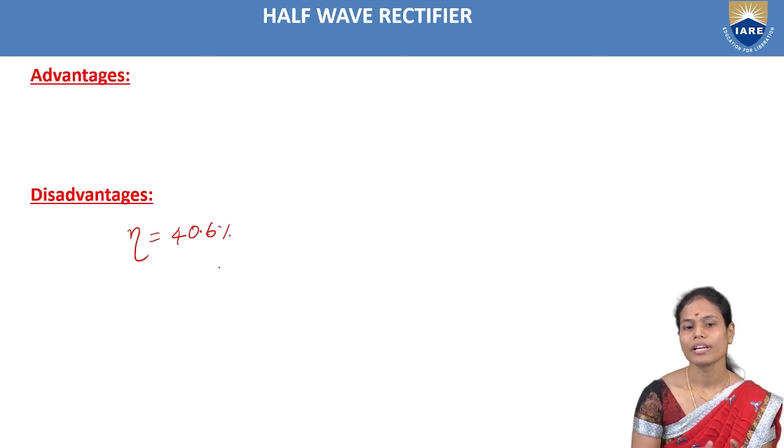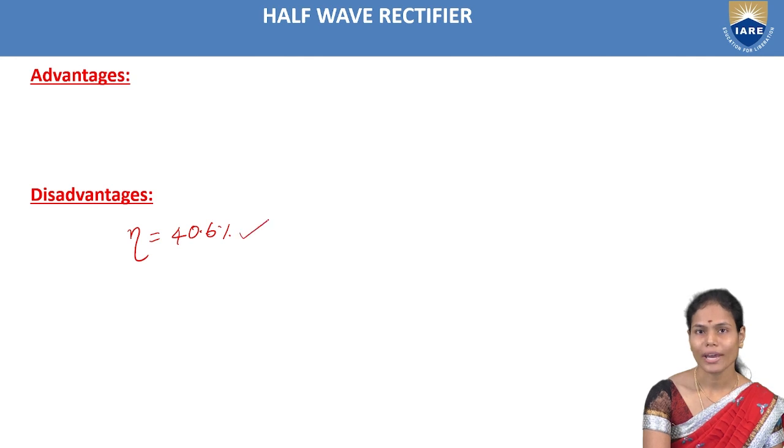Once we are designing a circuit, we expect some 99% to 99.9% efficiency, but in the case of the half wave rectifier we are going to get only 40.6% efficiency. So that is the major drawback.